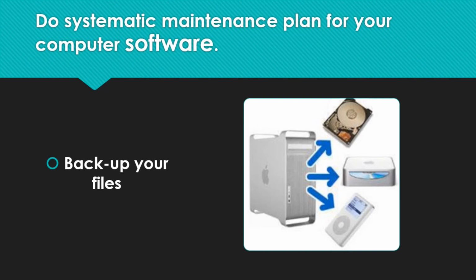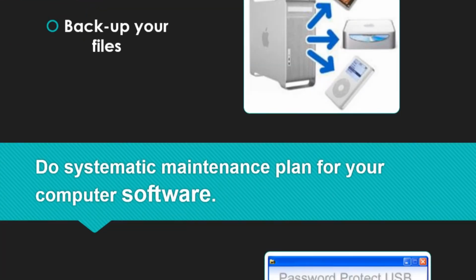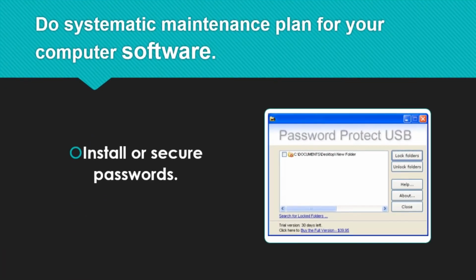Now let's proceed with the systematic maintenance plan for your computer software. We have here: back up your files. Protecting your files means creating backups, storing your file backups on your hard drive or any removable storage device regularly. Install or secure passwords. Installing passwords makes your files more secure.